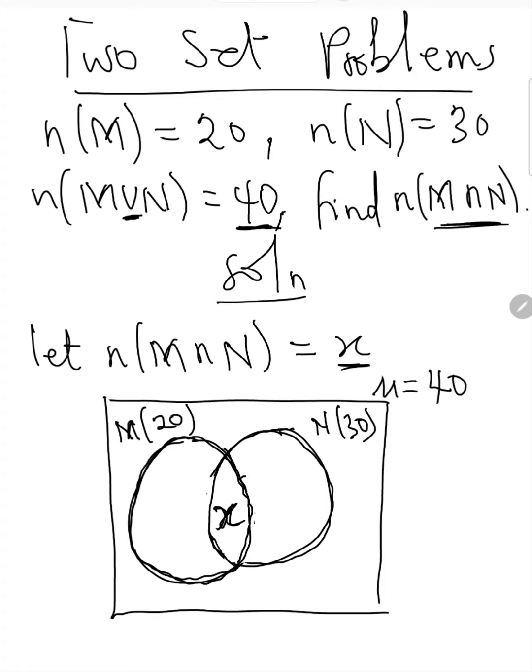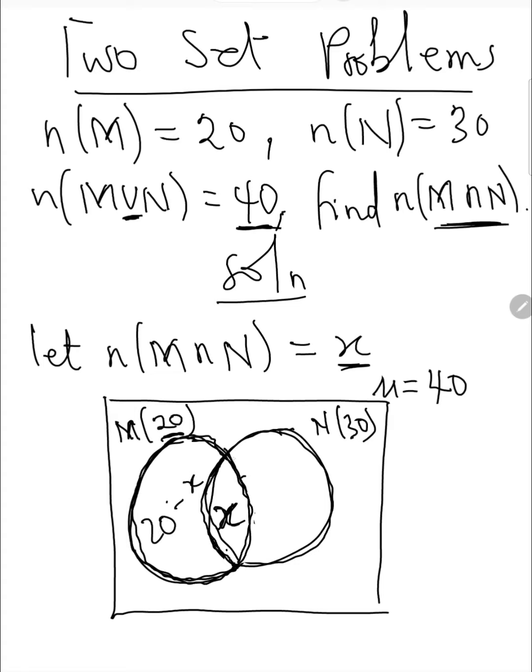So for us to know the remaining part of the circle, it will be 20 minus this X, because this X can be found in both set M and set N. So to find those in only set M, it is the number in set M minus those who can be found in both sets, so 20 minus X.